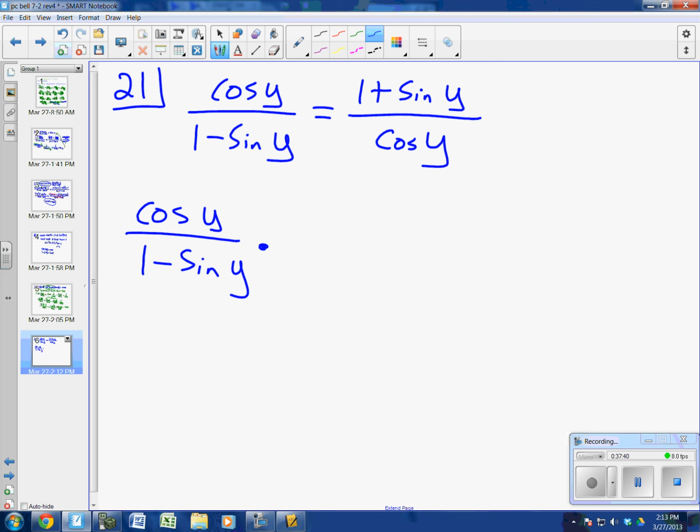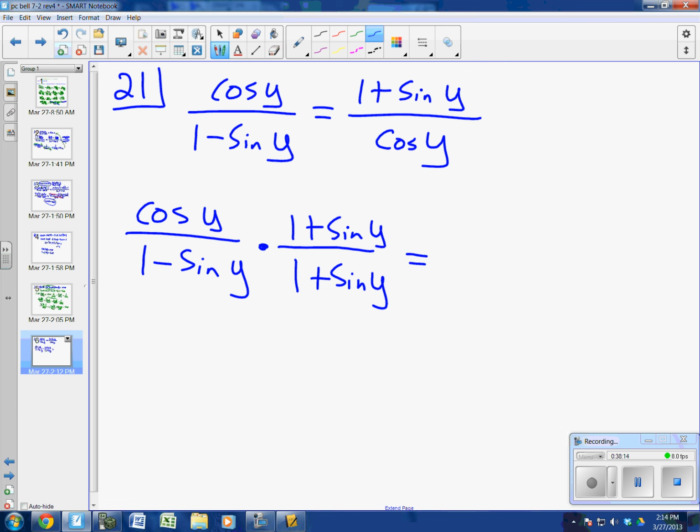And we're going to times the top and bottom by the conjugate of the denominator. What's the conjugate of the denominator? Yep, 1 plus sine of y. We got to multiply, don't we?